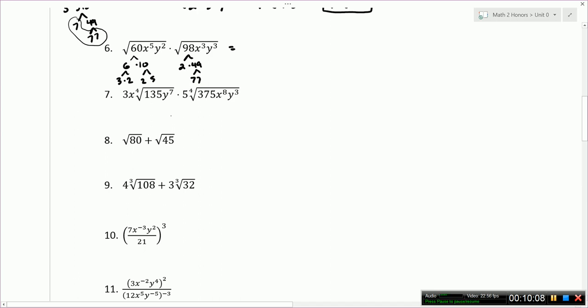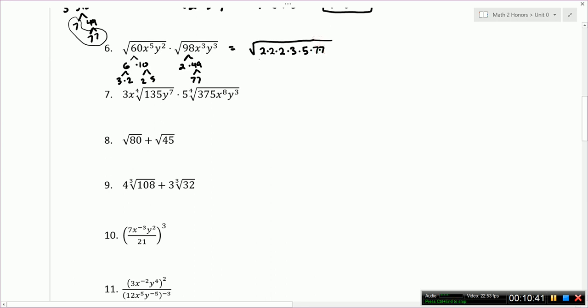So when you multiply 60 and 98 together, instead of multiplying them together, just string their factors right next to each other. So we end up with 60 has 2 2's, and 98 has 1 of the 2's. Back to 60 we have a 3, a 5, and then back to 98 we have 2 7's.